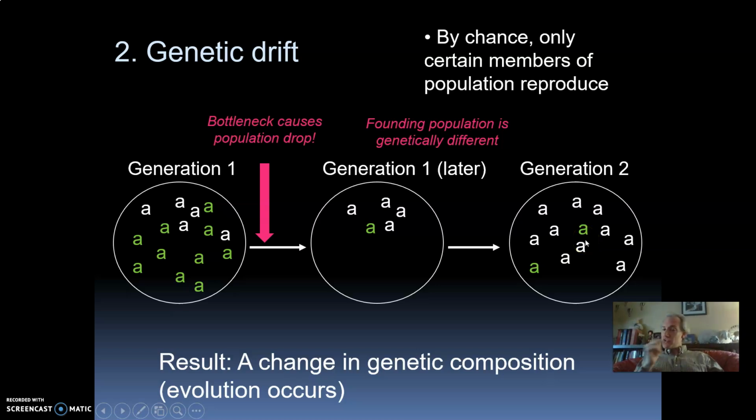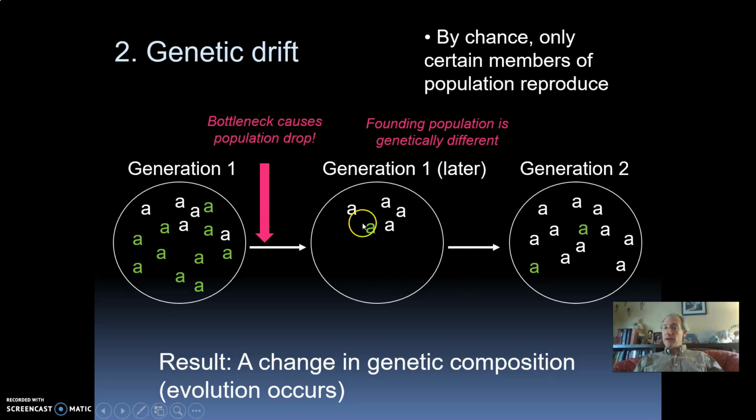Now, a common question I often get from students when we talk about this is, is this selection? Is white more fit than the green variant? Because if we didn't know the bottleneck happened, we didn't know that this catastrophe happened, and we just saw before and after, yeah, it actually looks like natural selection where the white was more fit. But in this case, that's not what caused the situation.